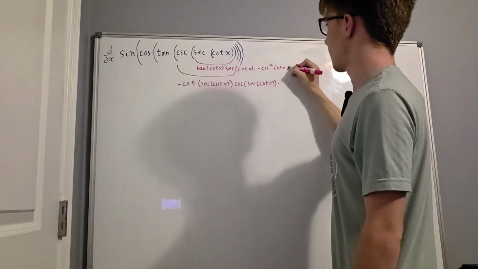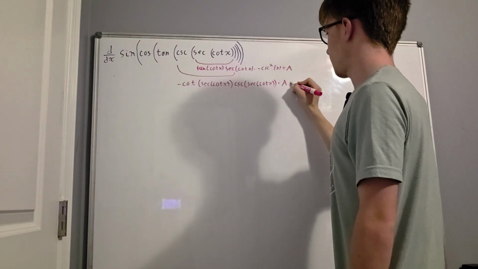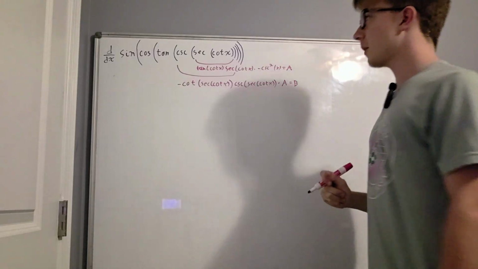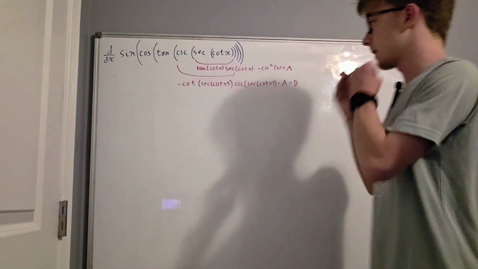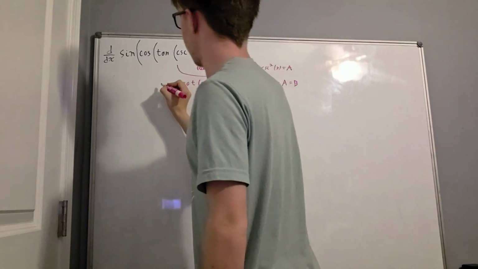And I'm going to say actually this is equal to a, times a is equal to b. Okay, this is the way I'm going to do this. So this will make it go a lot faster.